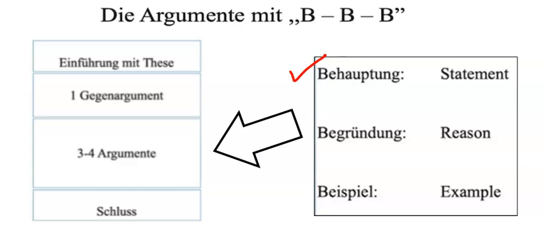So always try to give your arguments with those 3 things included in that paragraph. So that little section. So what's your claim? What's one reason for your thesis? Then, so the Behauptung, then the reason, like the why or why not, and then give an example. Giving examples is great. What's the Beispiel?